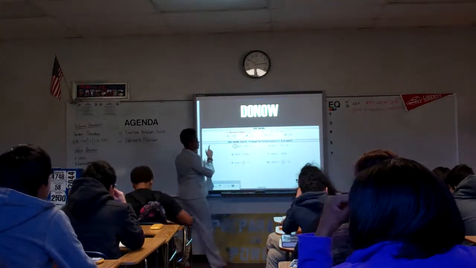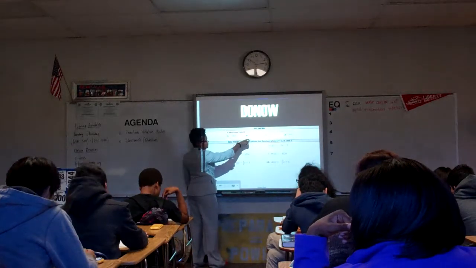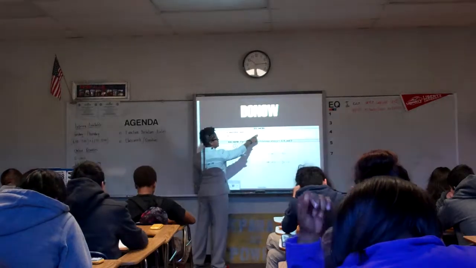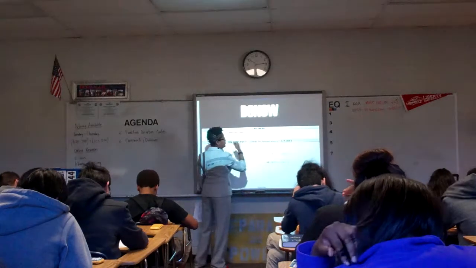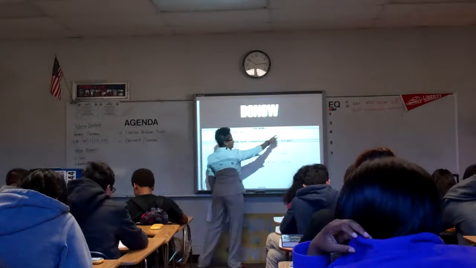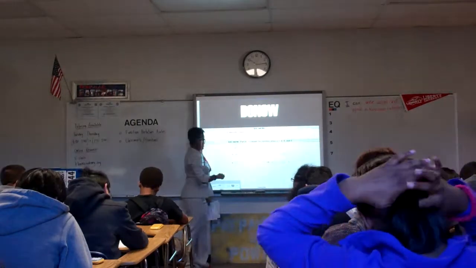So, given f of x equals negative 6.8x plus 5, and I hope you can see that, you should be able to see it on your paper. What is the value of the function of negative 2?